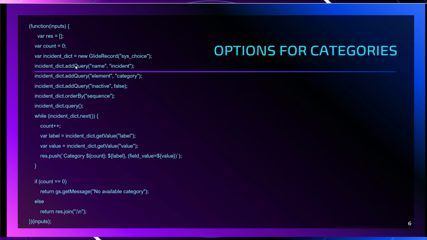Then after the query, we find all the records and related labels and values. Then we assign the values, and you can see we return all related category information, label values, and send them back over to the ServiceNow model LLM.